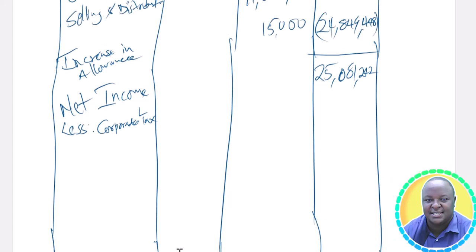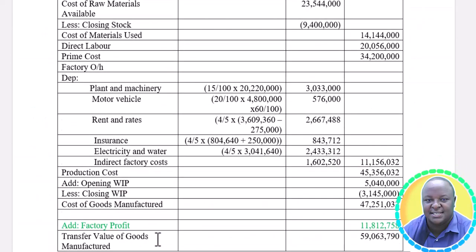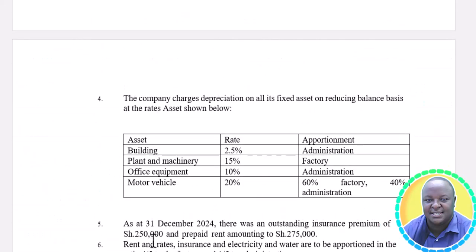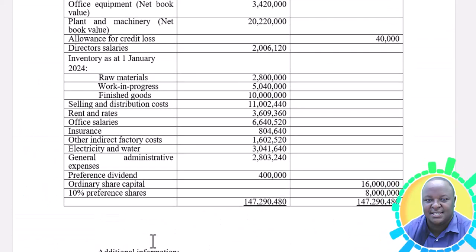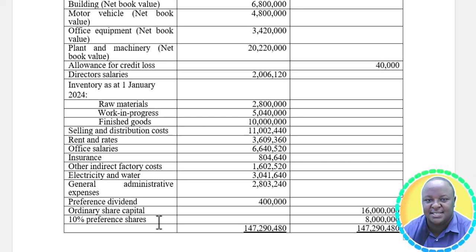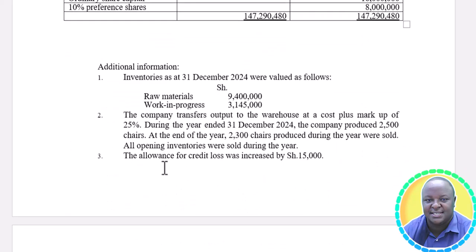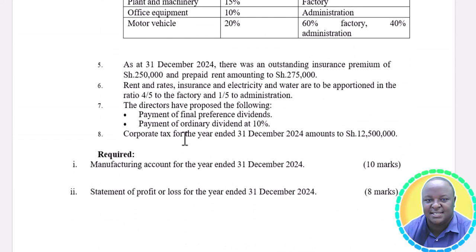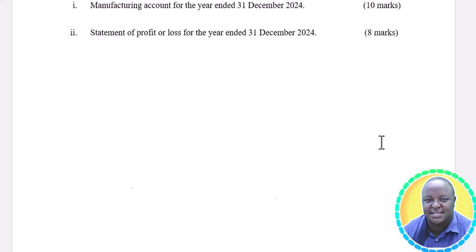We have been told from the information here, let me go to the question. From the question, we have been told that from additional information number 8, corporate tax for the year ended amounts to 12,500,000.